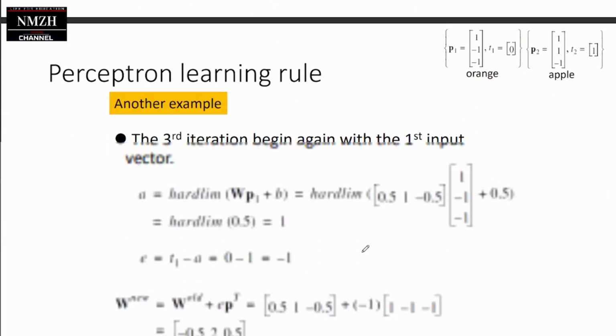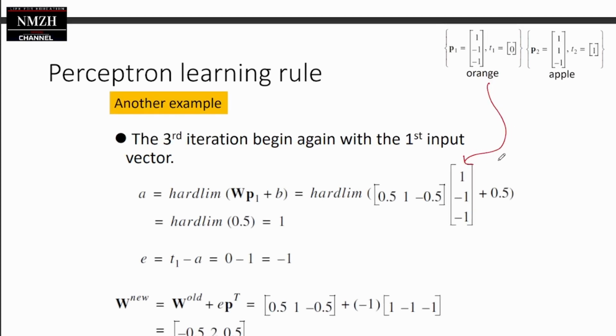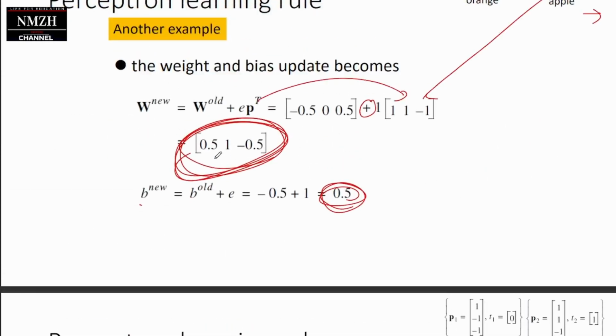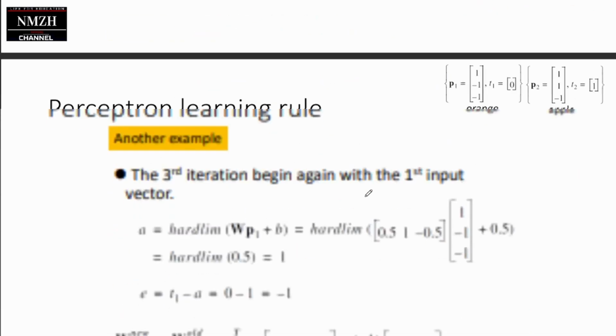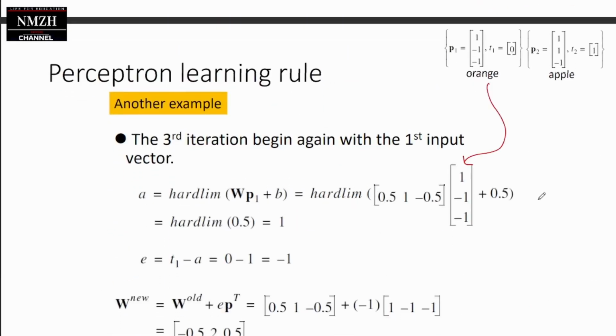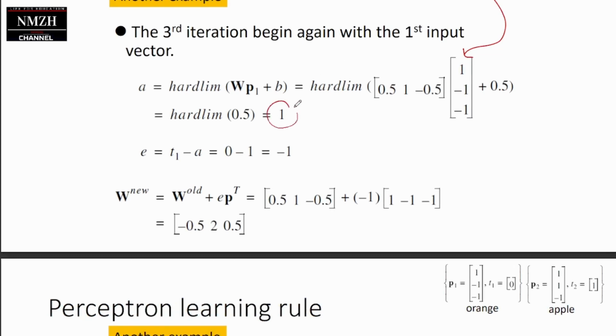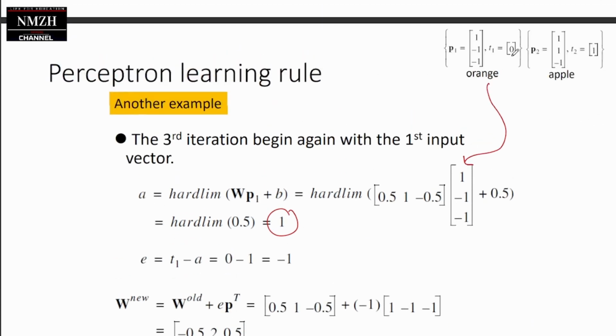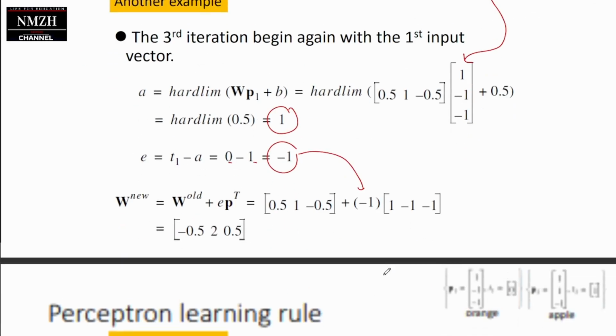Then I do it again with the first input, orange, but this time we use this new updated weight and bias. Again we have 1, so we still have an error. It's supposed to be 0, and 0 minus 1 is minus 1, so we use this rule.